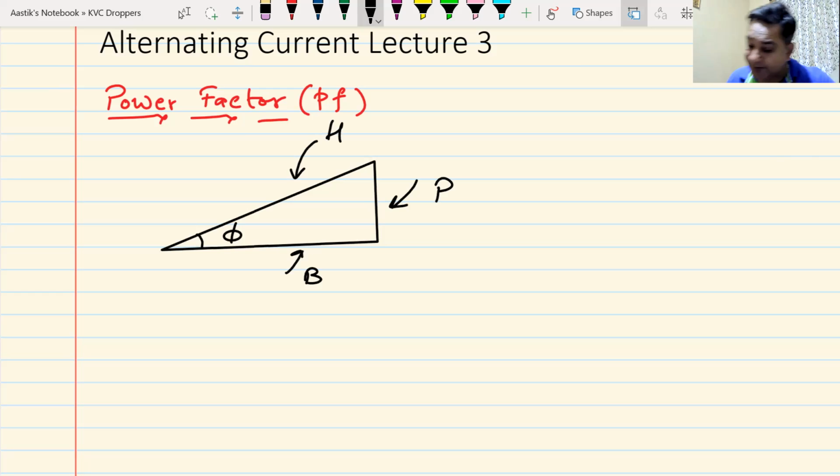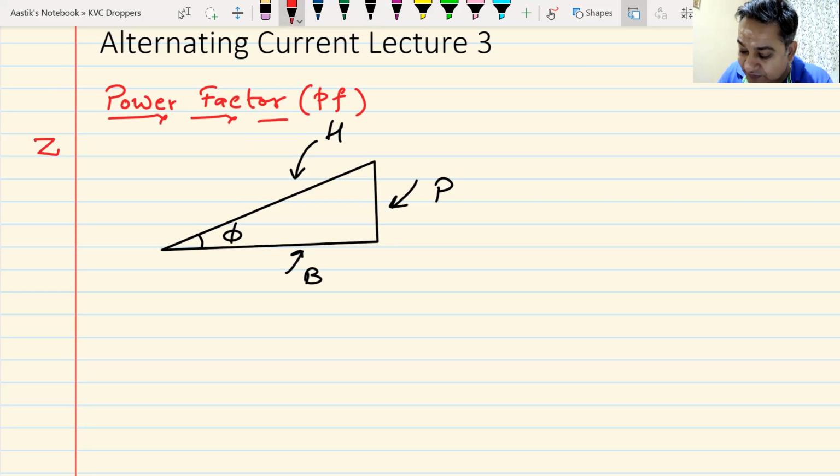Hypotenuse, perpendicular, and base. Now, if I draw this hypotenuse, perpendicular, and base in terms of what we have understood in this chapter of AC. In this chapter of AC, we have come across 3 different types of terms.